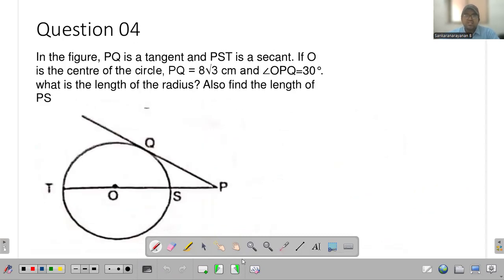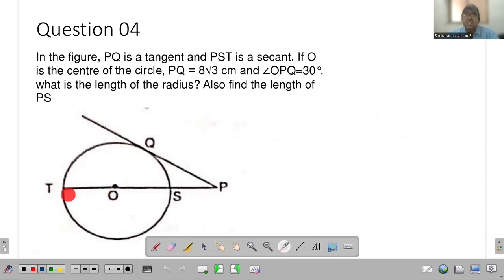Now let's go to the next one, the fourth one. In the question, it is given in the figure, PQ is a tangent and PST is a secant. If O is the center of the circle, you can see that SOT, I can consider it as the diameter of this circle.